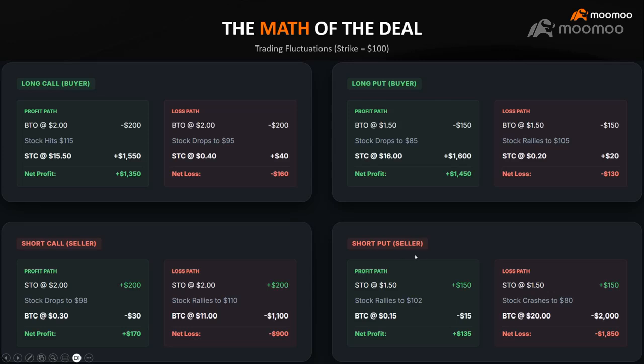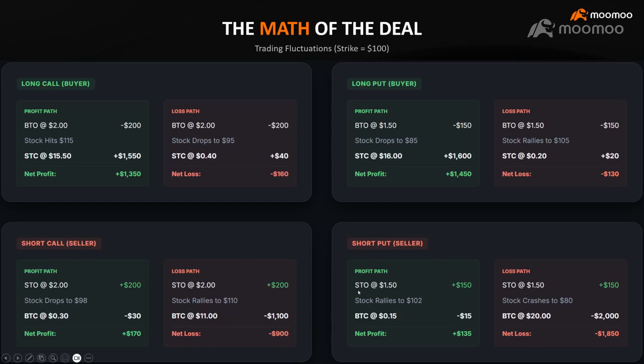Because we don't want the price to fall below $100. If not, we are obligated to buy. If our intention is just to collect the premium and we don't want to buy the underlying, then we are expecting the price to be bullish. If it gets in the money, the put option buyer might exercise.